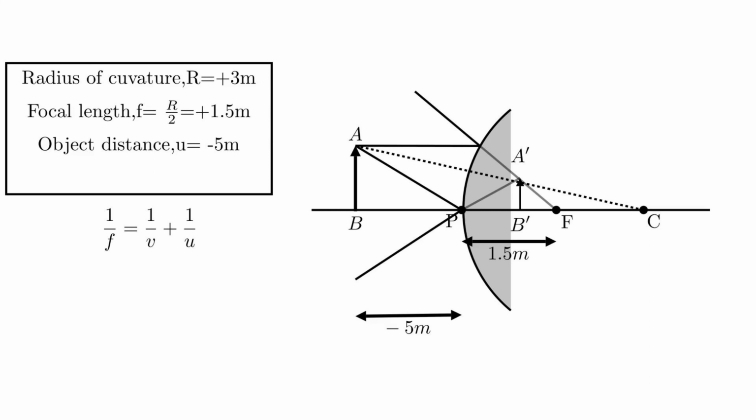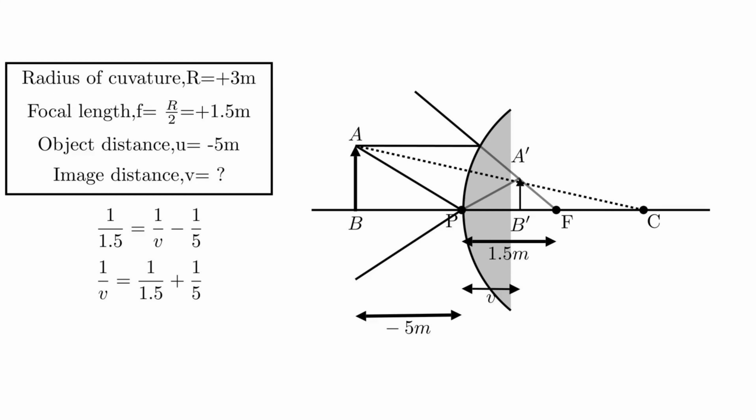We need to find the value of v, that is the distance of image formed. Putting the values into the mirror formula, we have 1 upon 1.5 equals 1 by v minus 1 by 5. On transposing, we have 1 upon v equals 1 upon 1.5 plus 1 upon 5. Taking LCM, we have 1 upon v equals (5 plus 1.5) over 7.5, which gives us 1 by v equals 6.5 over 7.5.